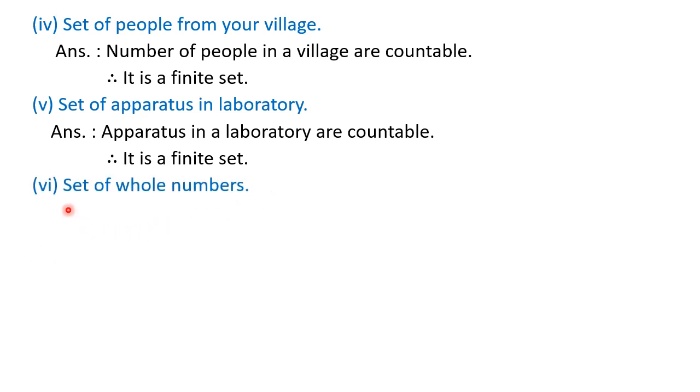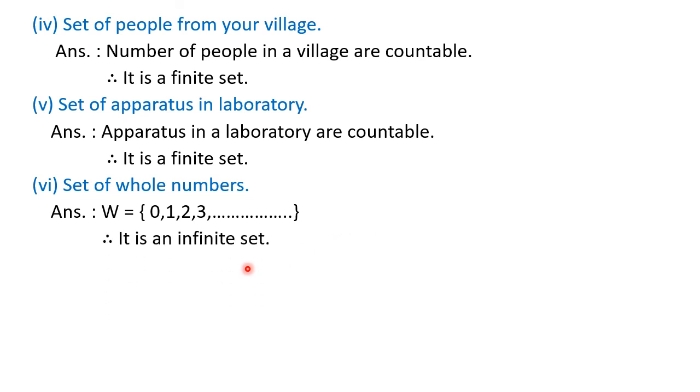Next, set of whole numbers. Okay, so whole numbers, you know that whole numbers start from 0 and then 1, 2, 3 and so on. Okay, so here you can say that the number of elements is uncountable. Therefore, here the set is an infinite set.